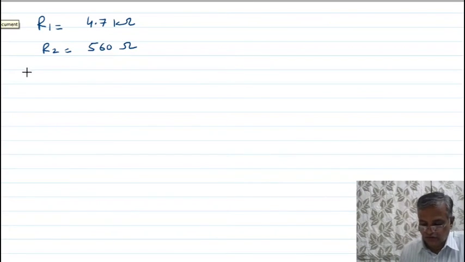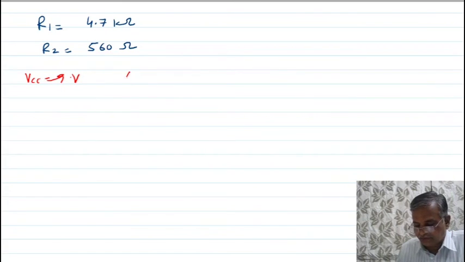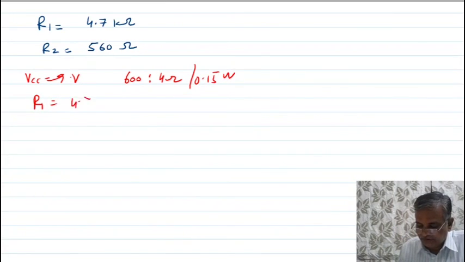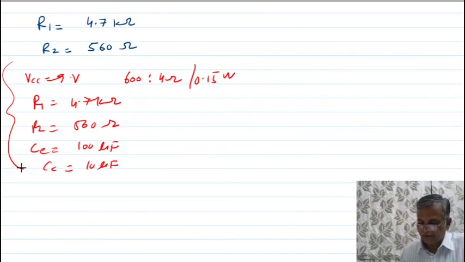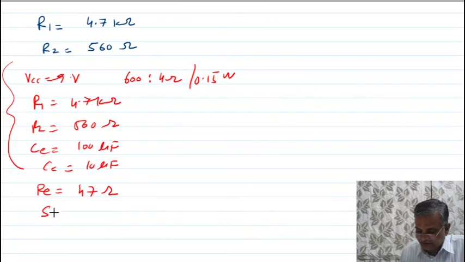If you write all the values, you can write like this: VCC 9 volt, transformer 600 is to 4 ohm and power rating is 0.5 watt, R1 4.7 kilo ohm required, R2 560 ohm, CE 100 microfarad, CC 10 microfarad, RE 47 ohm, transistor S is 10, transistor VC max is 25 watt.